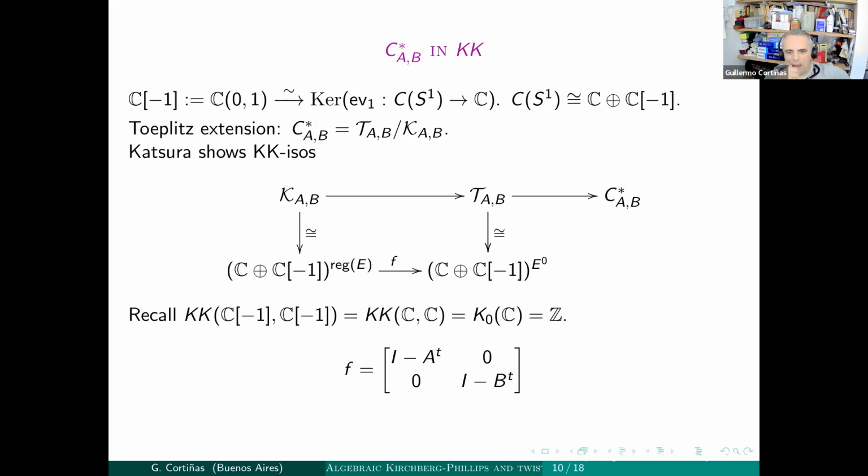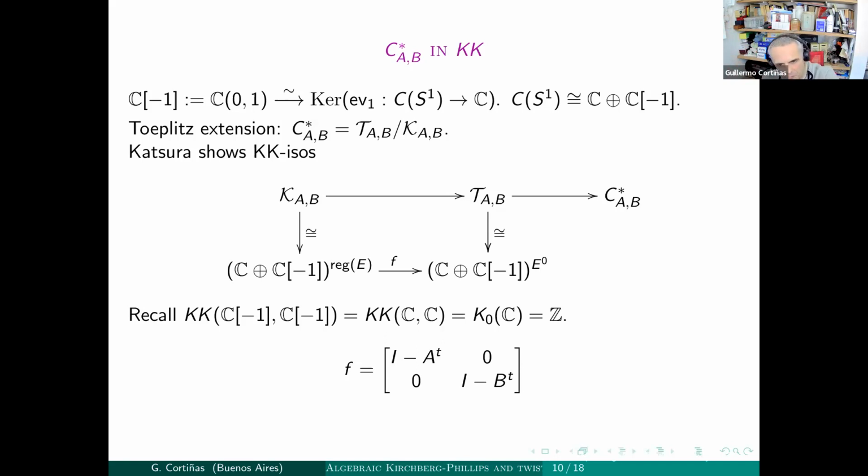So what do I mean? In this matrix, the decomposition I'm looking at is, I wrote C plus C_{-1} to the reg E, so I think of this as C to the reg E plus C_{-1} to the reg E, and similarly with C plus C_{-1} to the E^0. So a map has a natural matrix decomposition with respect to that direct sum decomposition.